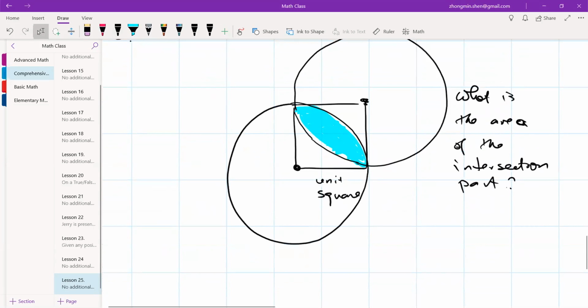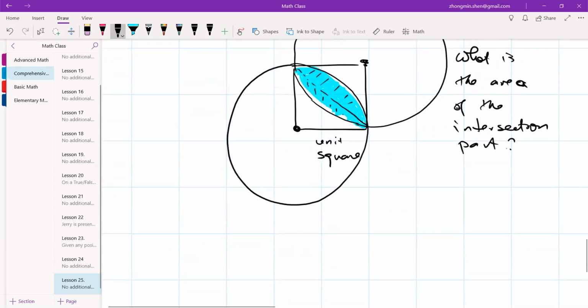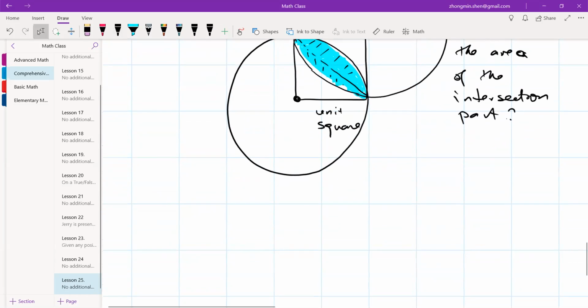Now, to solve this problem, I said again, there are a couple of ways to do it. One is you divide this into two parts. So you have two identical sets, right? If you can find one of them, then you can solve the problem. So you can forget that part. You just look at this.